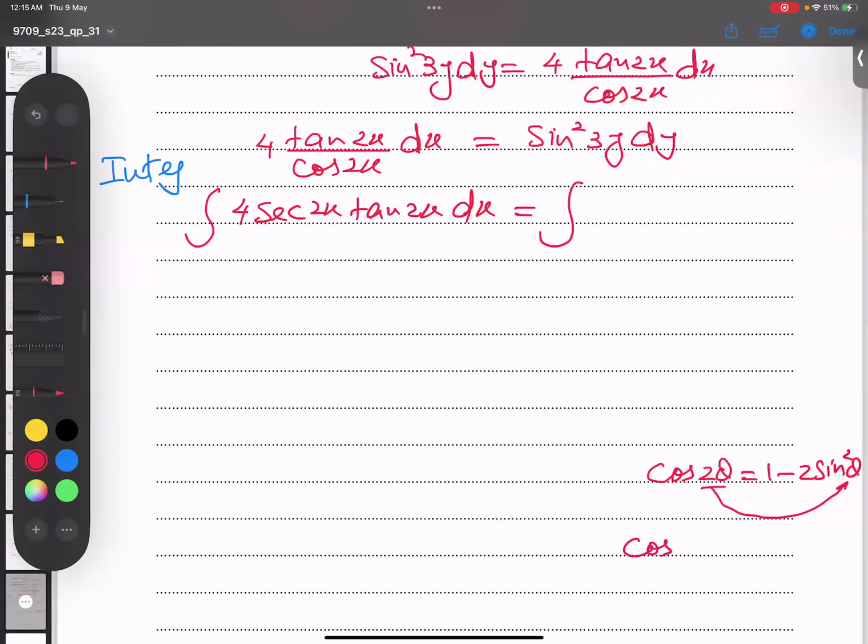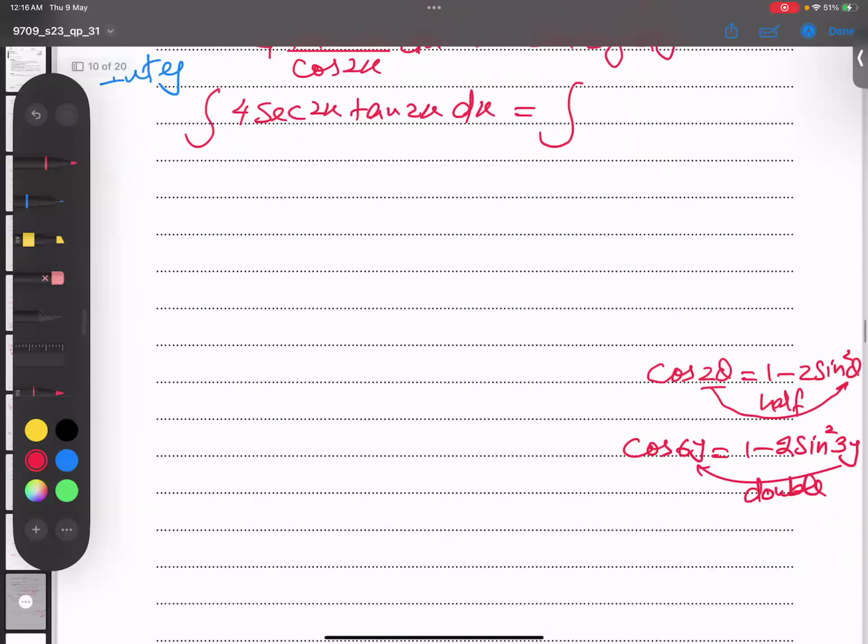It means if I have 1 minus 2 sine squared 3y, look here, left to right goes half and right to left becomes double. So going either way it becomes 6y. I believe you got my point. It's a reverse process.